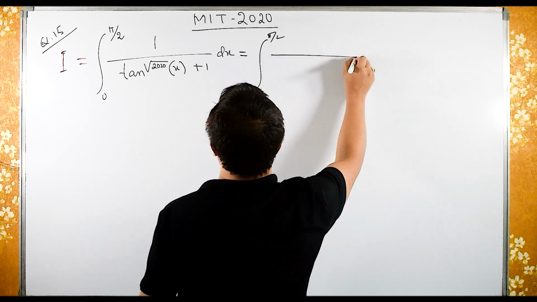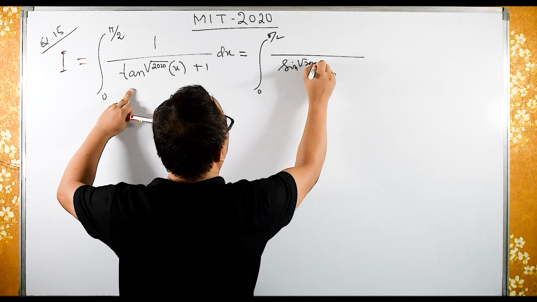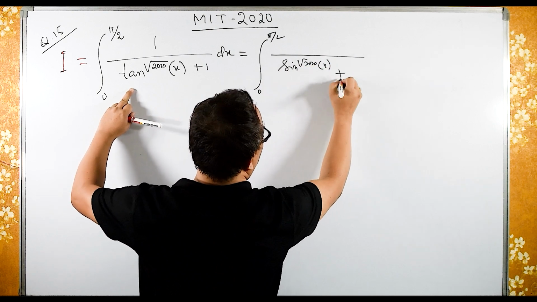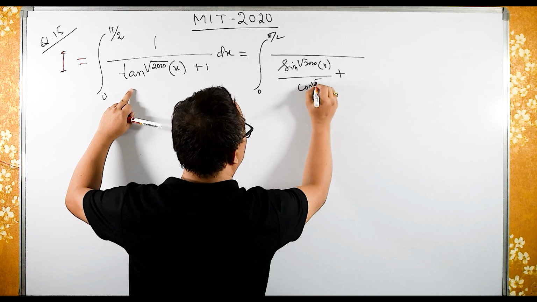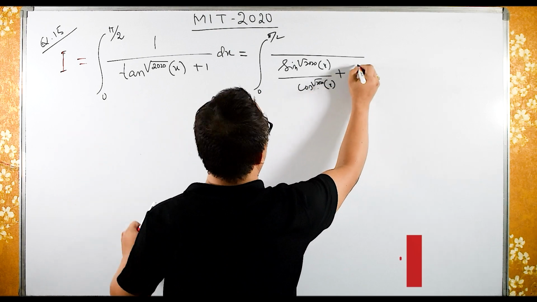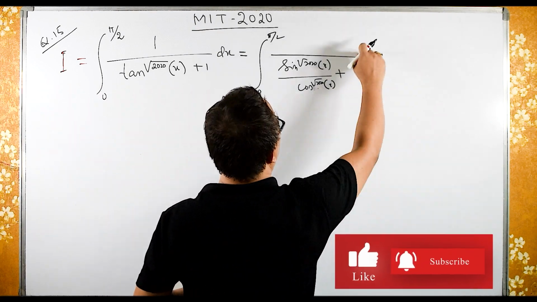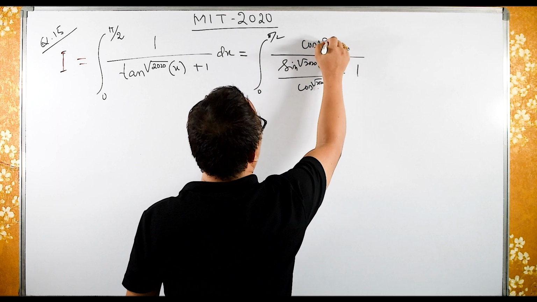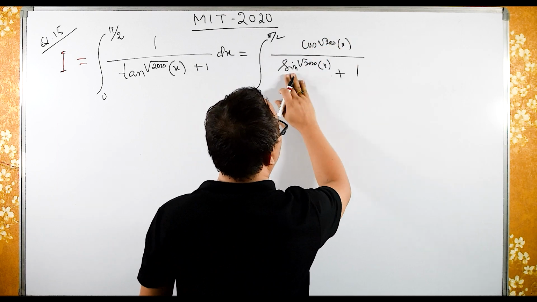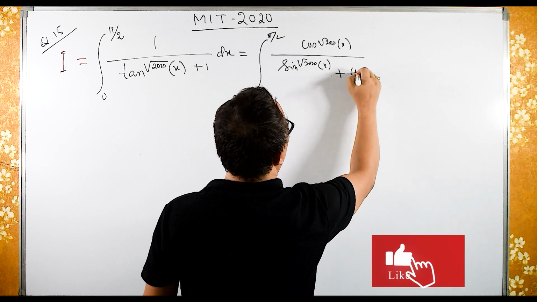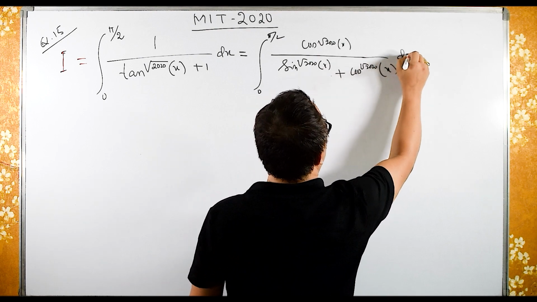So we have sine of square root of 2020 x upon cos of square root of 2020 x. Now let's take the LCM and sum up. Here we will get cos of square root of 2020 x, and here sine of this plus cos of square root of 2020 x, dx.